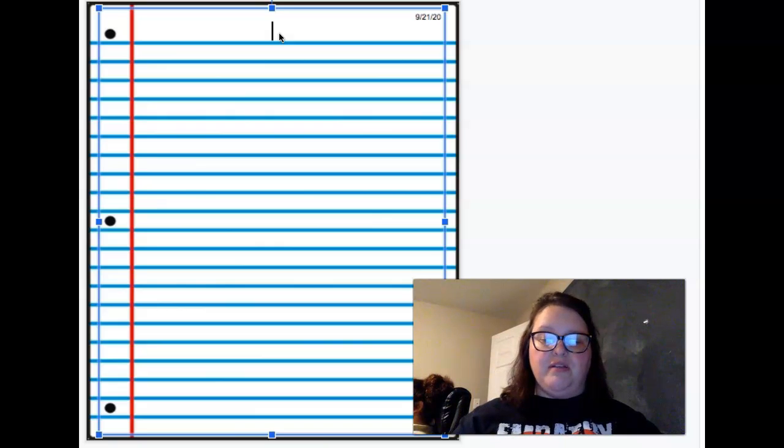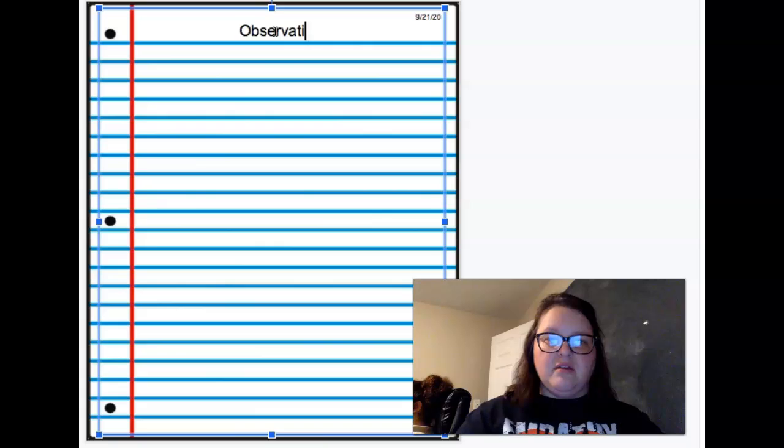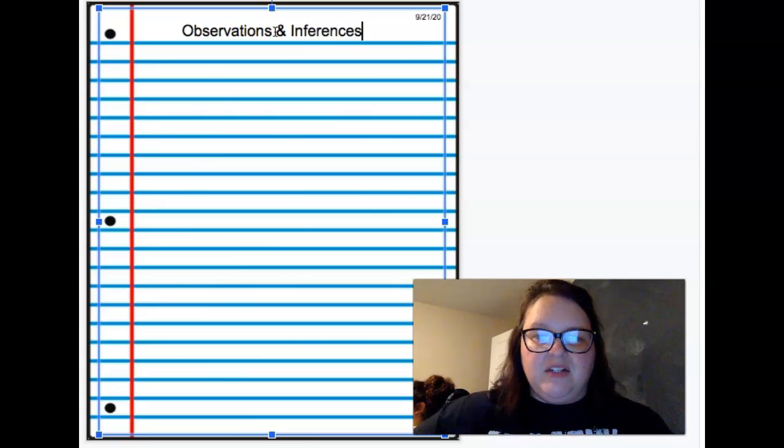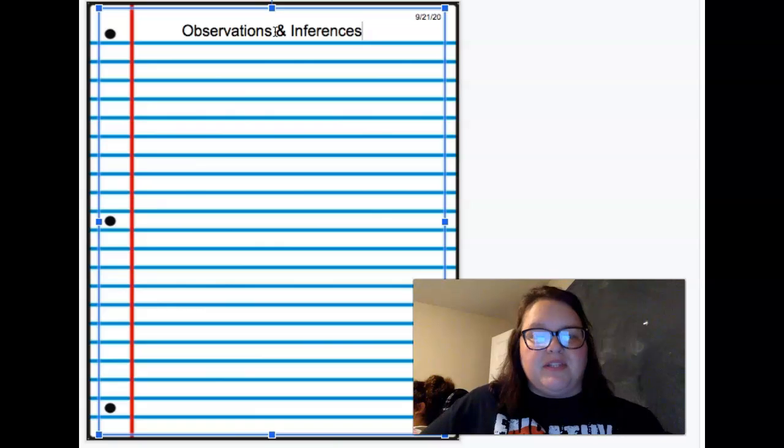So let's put Observations and inferences. If you can't make that little and sign with the computer keyboard, just use the word and.